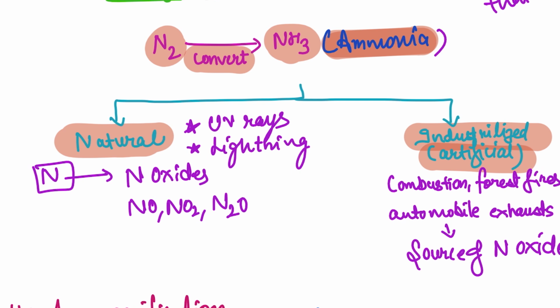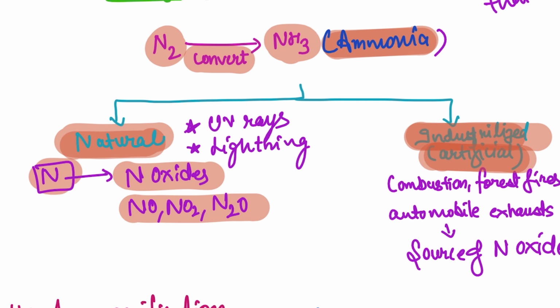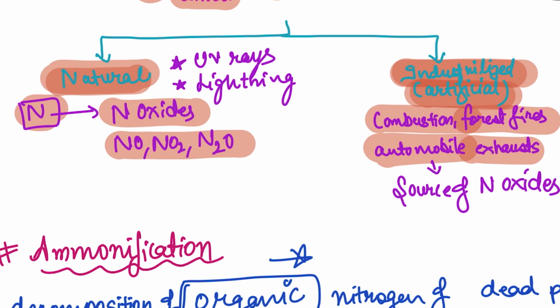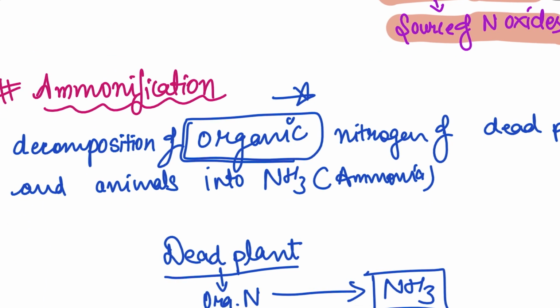UV rays and lightning help in converting nitrogen into various nitrogen oxides, nitrogen oxide, nitrogen dioxide. It is a natural process. Artificial ones are industrialized, for example forest fire, combustion, automobile exhausts. Okay. These are sources of nitrogen oxide, nitrogen dioxide, right?